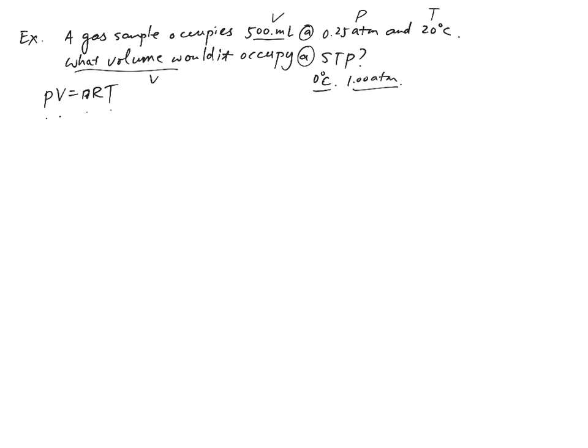So first of all, how do I label all of this? If I'm having two sets of different things, let's label them V1, P1, and T1. And then I want V2, T2, and P2.